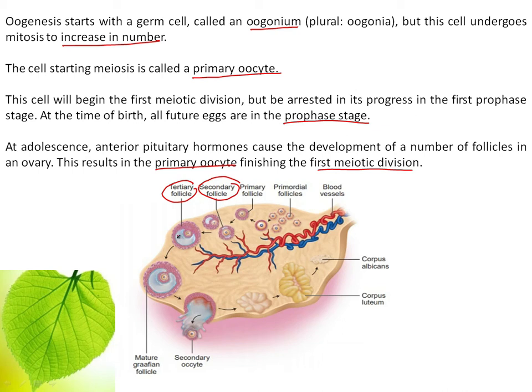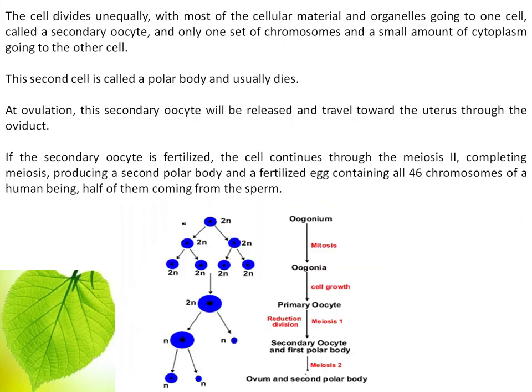So the number of follicles called secondary follicle, and actually the first meiotic division completes at this stage in the tertiary follicle. The cell divides unequally with most of the cellular material and organelles going to one cell called secondary oocyte.